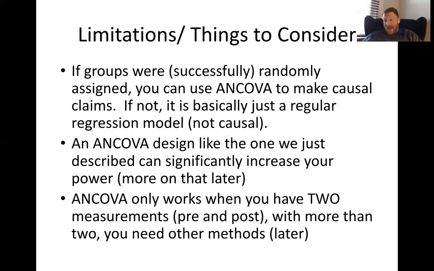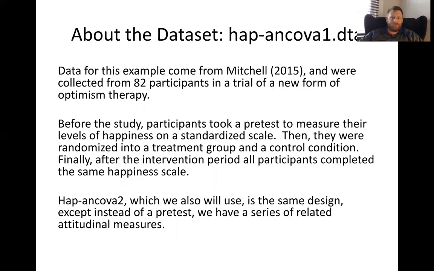ANCOVA is that sort of tool, in that it has to work in a very specific situation. And that is when you have only two measurements, right? Pre-post is the most common case of that: two measurements, and one categorical variable where people are assigned to groups. So that's the situation where this works. Otherwise, you need fancier methods like repeated measures ANOVA or multilevel modeling or other things. But if you only have two, it can work really, really well.